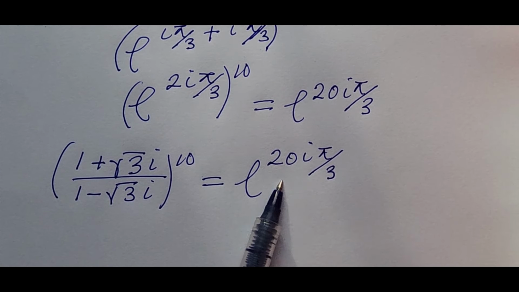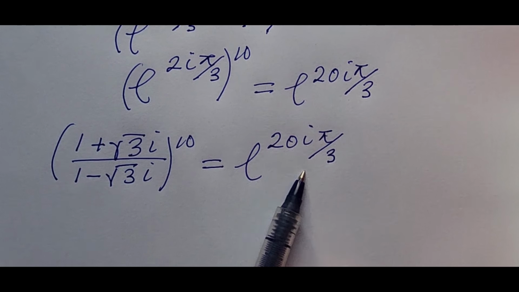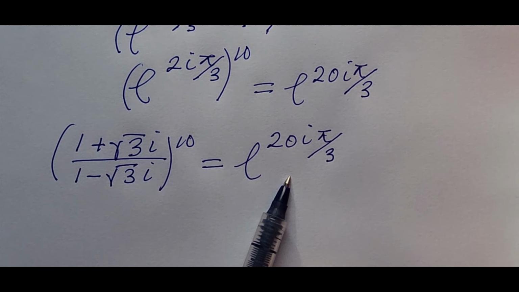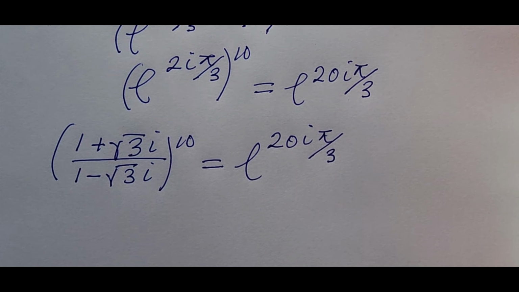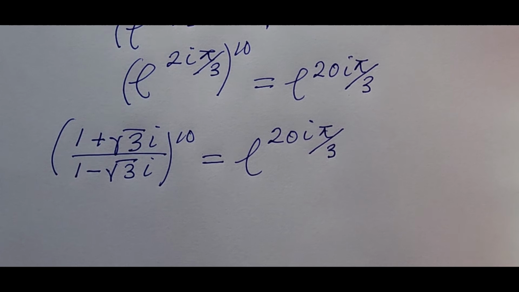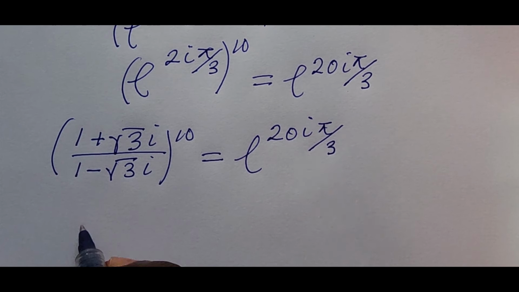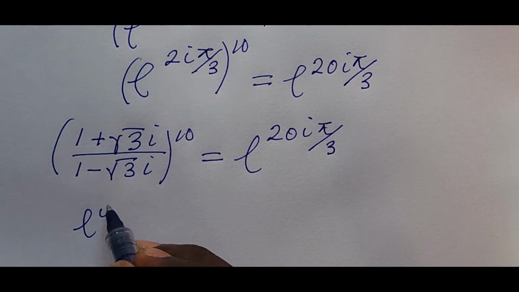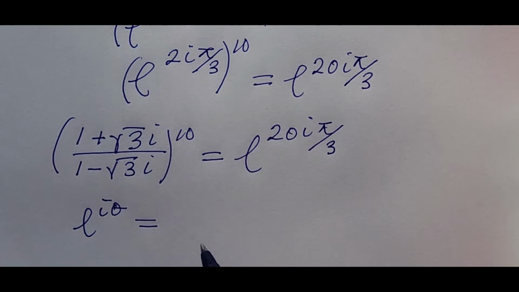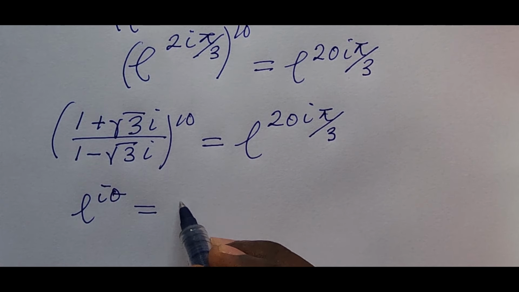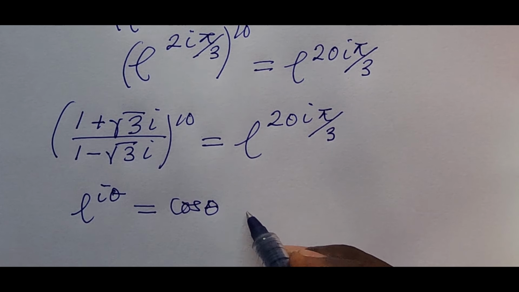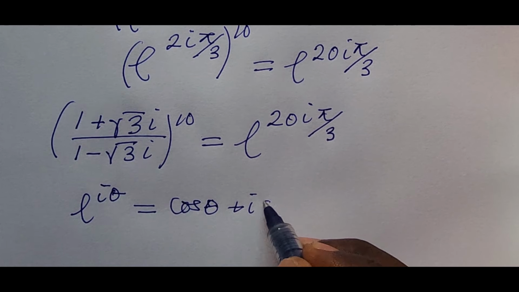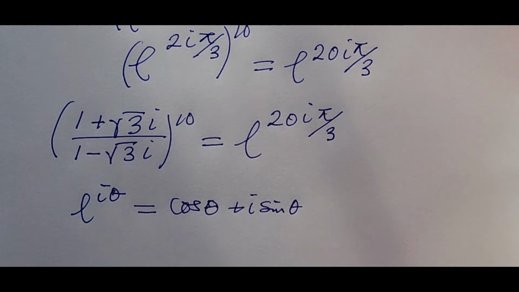Okay, now look at this expression we have here. If we simplify this expression, applying the Euler equation again, you know, our Euler equation says that e to the power of iota theta is equal to cosine of theta plus i sine theta.